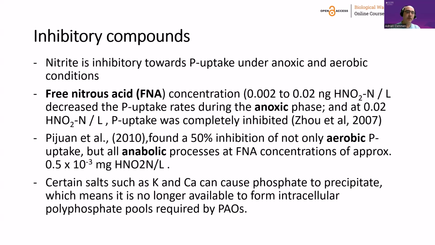And studies have shown that it's not just nitrite itself, but the combination of nitrite and pH, which can be termed free nitrous acid, the acidified form of nitrite. So nitrite, but pH has an impact there as well.